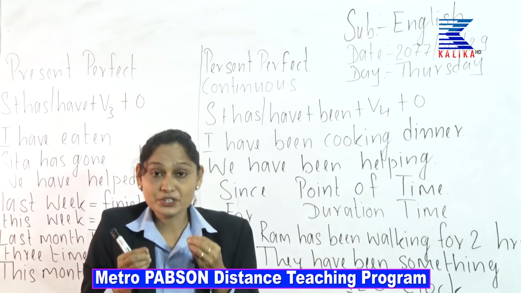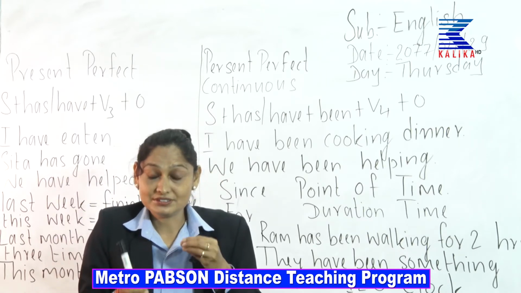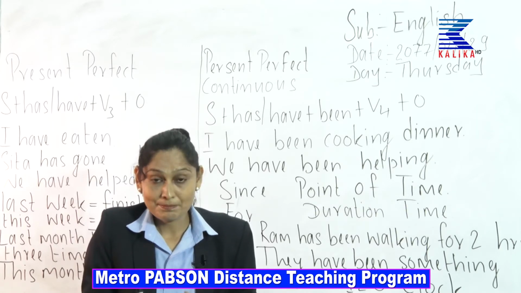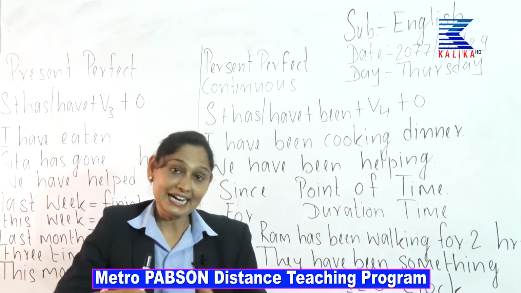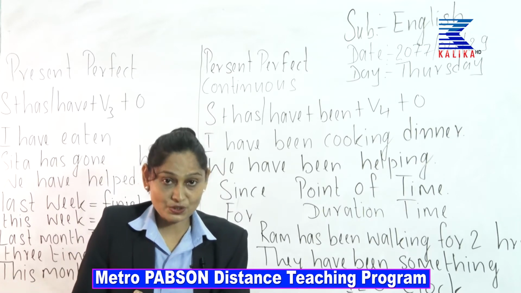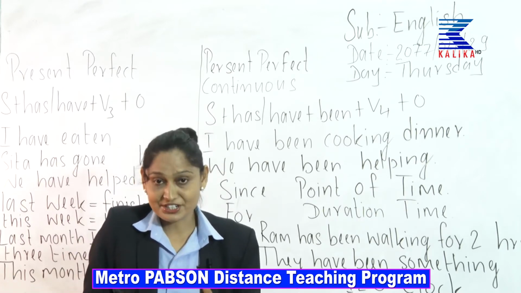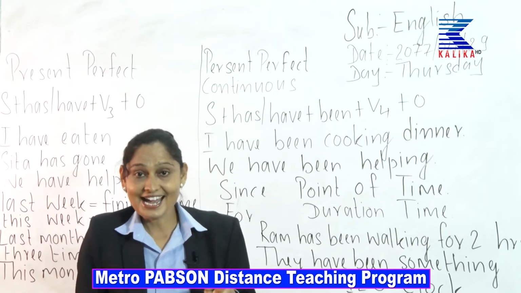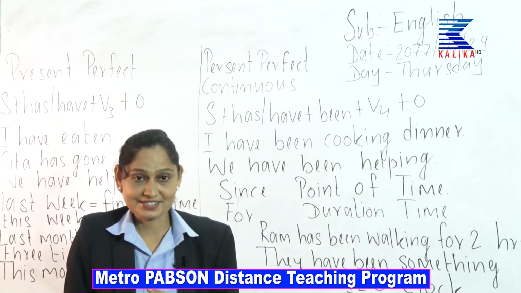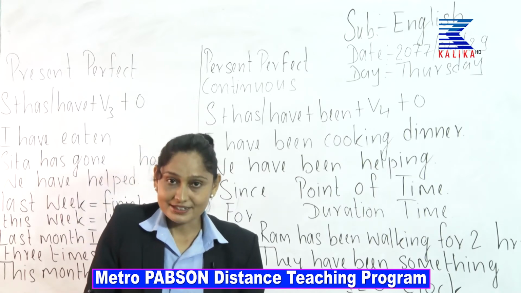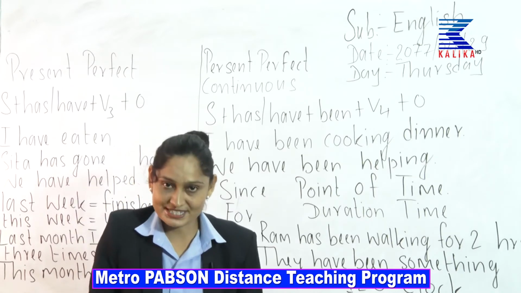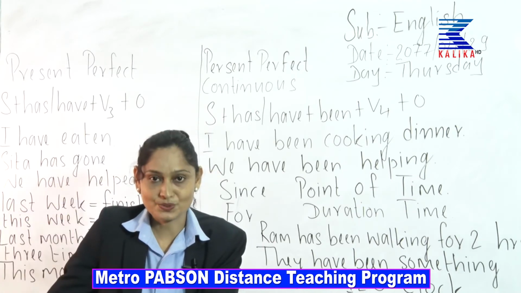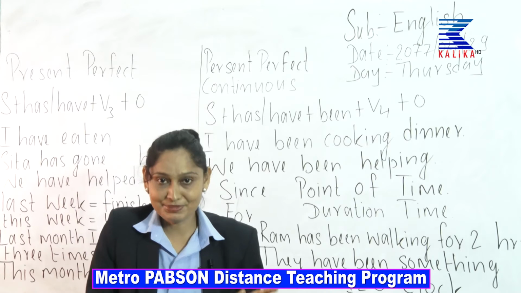Whatever work we do and recently finished, that is present perfect. But though we will continue that work later also, that is unfinished and that is also present perfect. Now, Sita has read a book. For the moment she read the book, that is present perfect. But she can read more also. It is not completed.